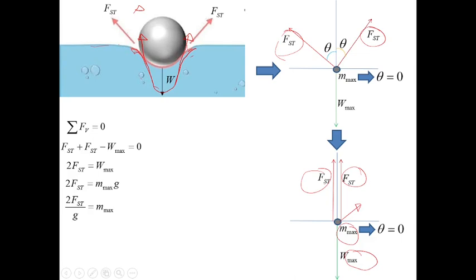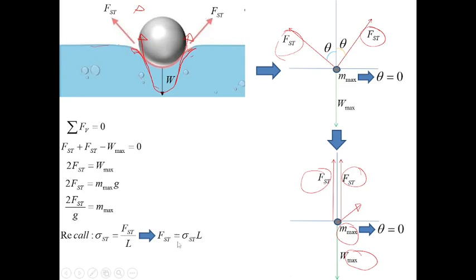So, 2FST over g. Recall natin yung surface tension formula. Okay? Force due to surface tension over the length. So, ito yung FST, express natin in terms of the surface tension and the length.